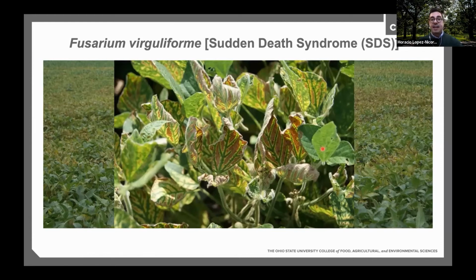This is sudden death syndrome, SDS, caused by Fusarium virguliforme. Actually, it's caused by several Fusarium species. However, in the United States, Fusarium virguliforme is the most prevalent one.